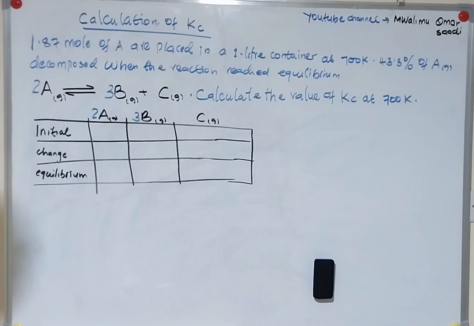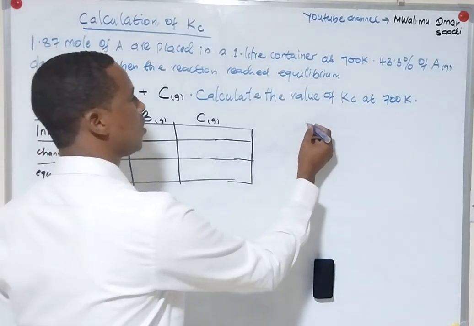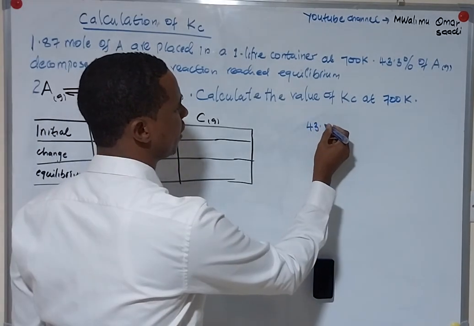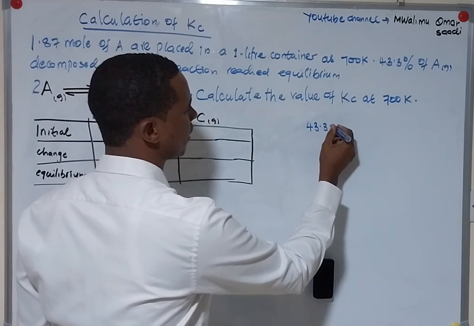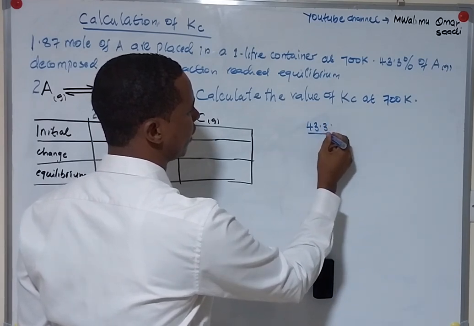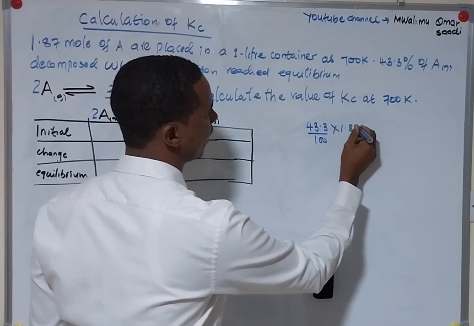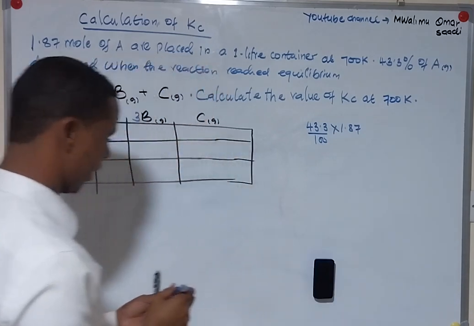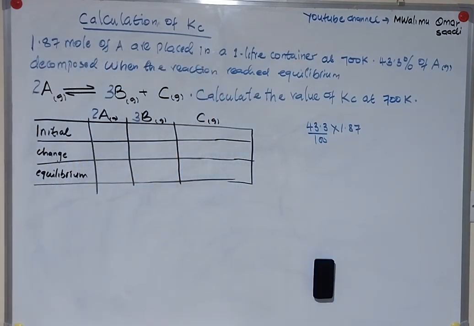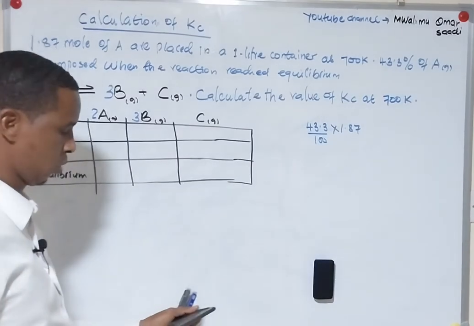So to get that, it will be 43.3% times 1.87.